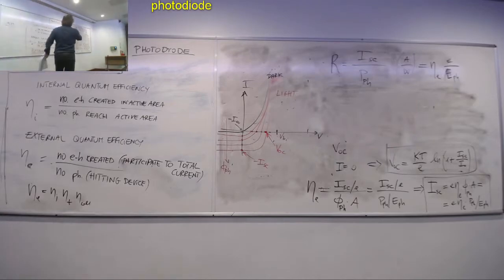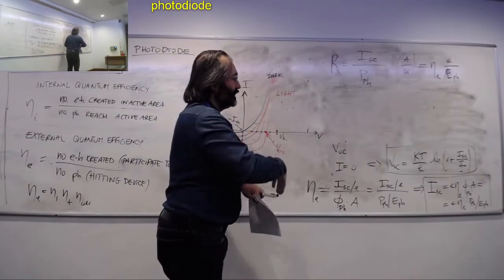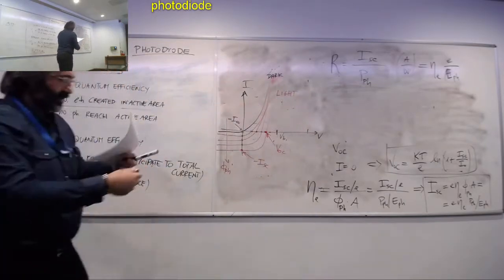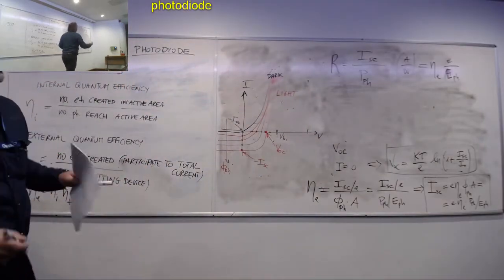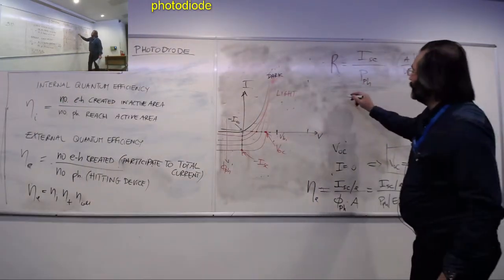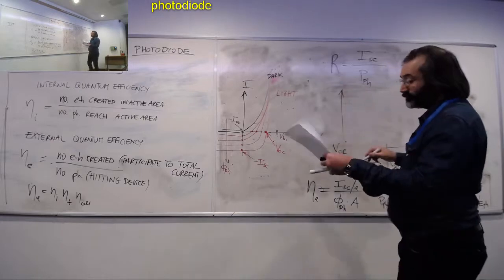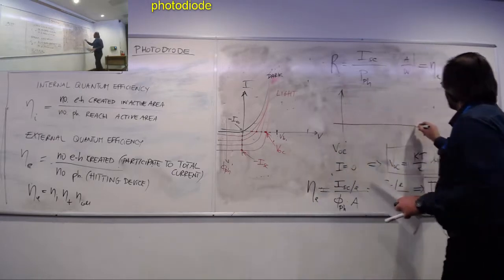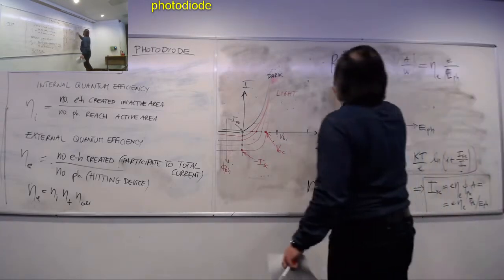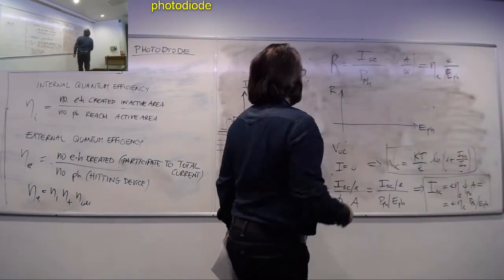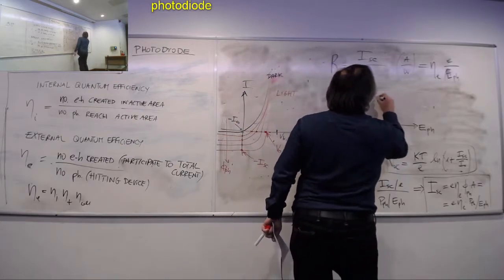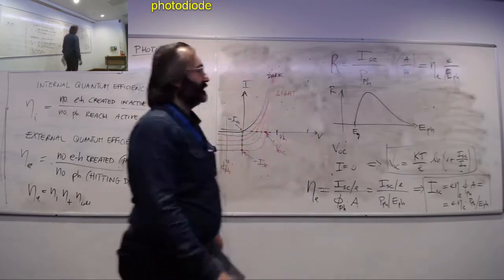I've written this thing on the wrong side of the board. I wanted to show you something, but probably I will just draw something here. So the responsivity, if you take a photodetector, a photodiode, and you look at it, the responsivity looks actually like this. If I plot here the energy of the photons, and here the responsivity of the device, it looks like that.